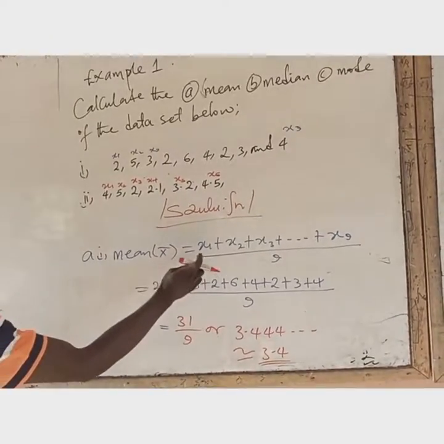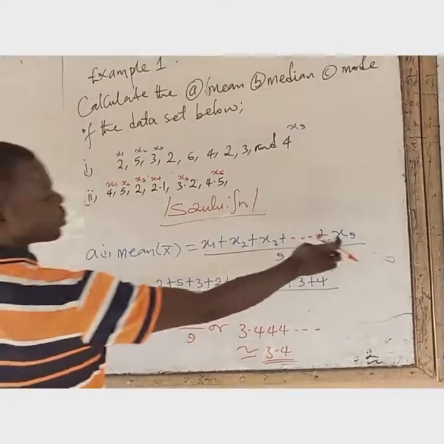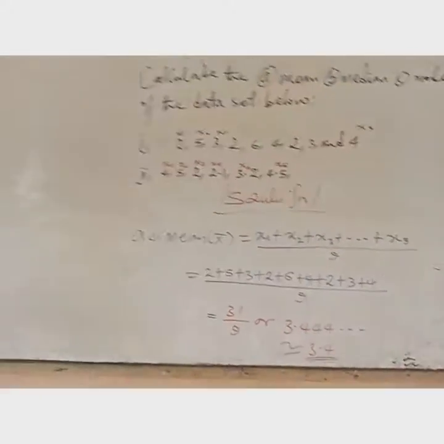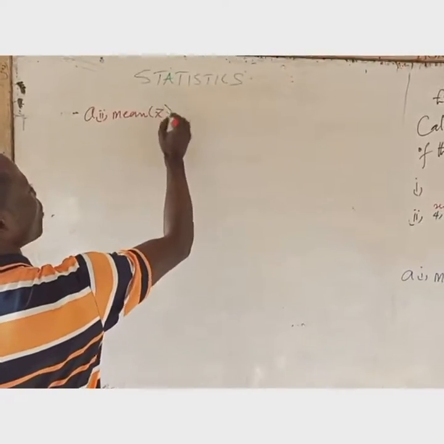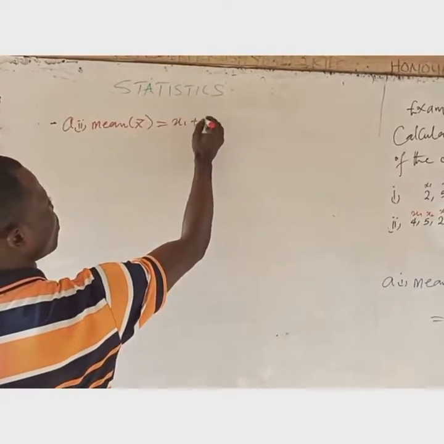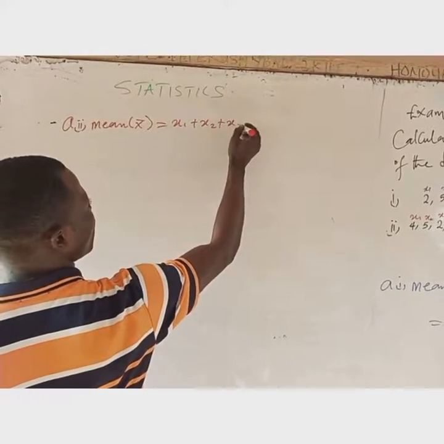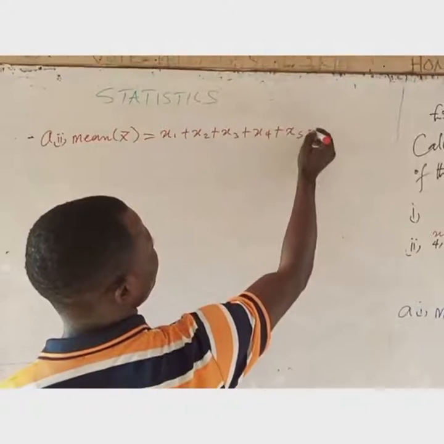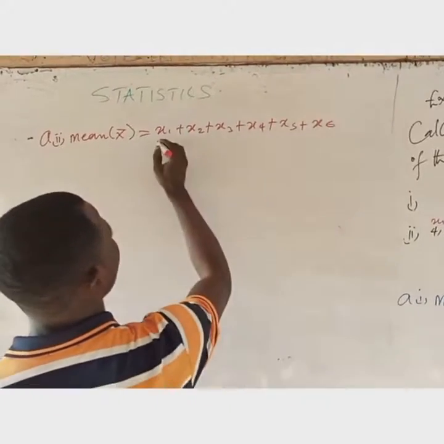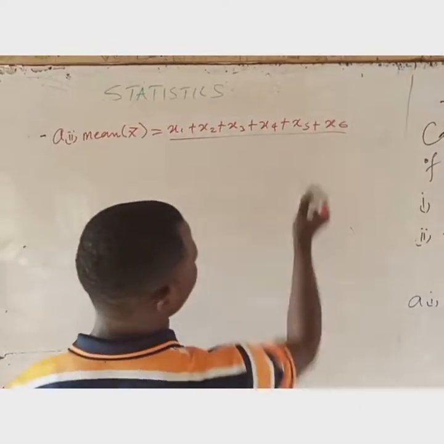The formula will move from 1 to 6 instead of 9. Our mean, which is x bar, will be x1 plus x2 plus x3 plus x4 plus x5 plus x6 all over the number of observations, 6.